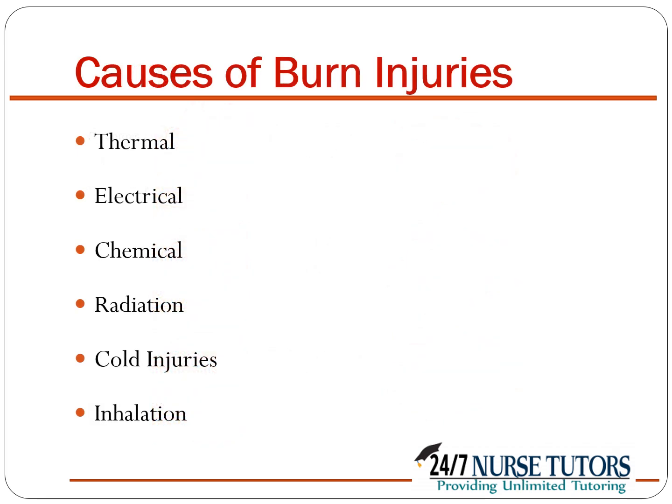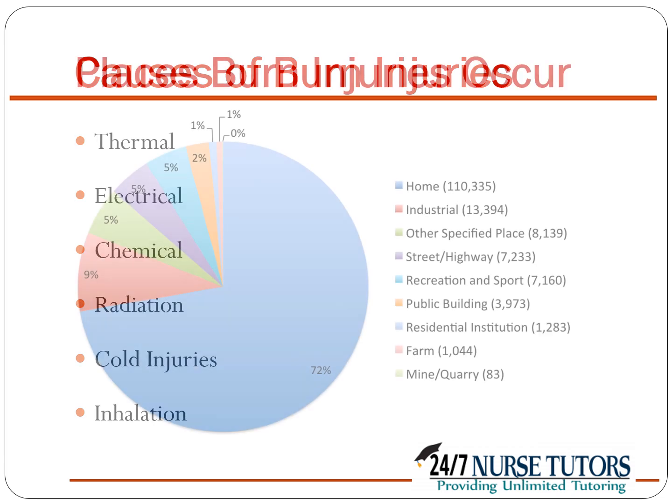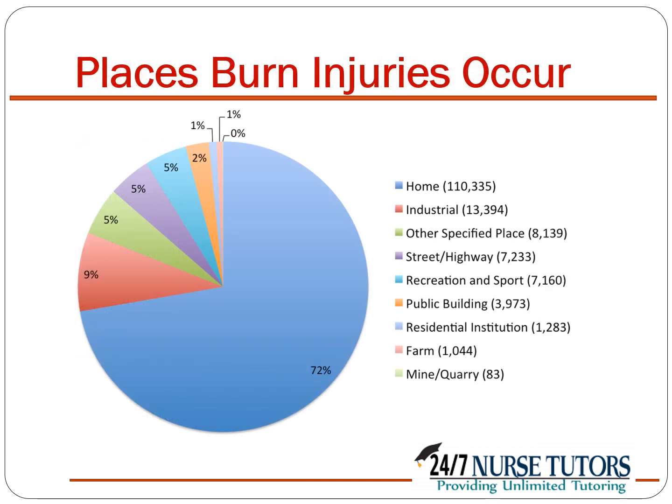There are many causes of burn injuries. Some include thermal, electrical, chemical, radiation, cold injuries, and inhalation. The good news is there has been a decreased incidence in the number of burn injuries as well as hospitalizations and deaths.